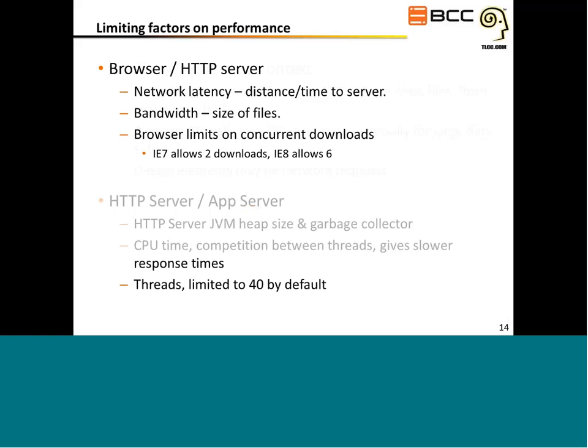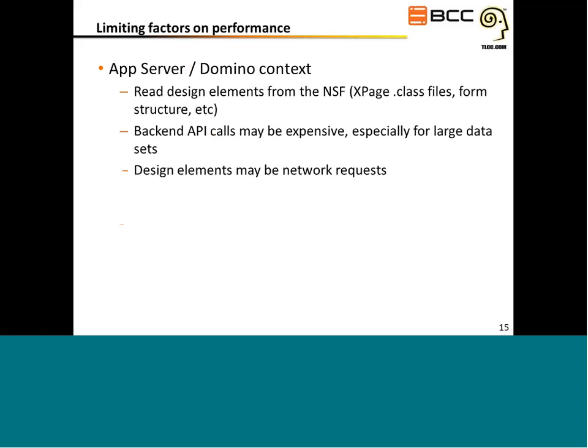So the app server, and now the actual Domino context kicks in. The number of design elements read from the NSF is a factor regarding performance. So class files, form structure, and whatever you have, and also back-end API calls may be expensive, especially if you are dealing with a large data set, and we will see it in a couple of minutes.